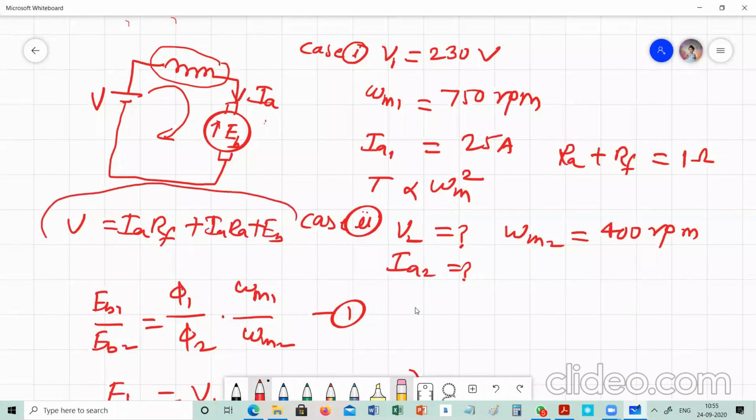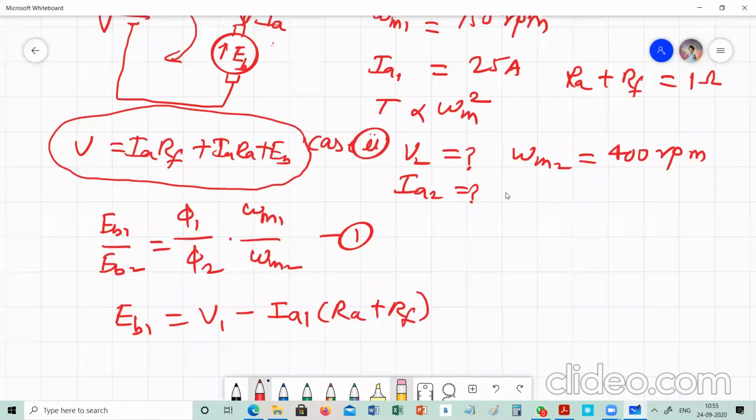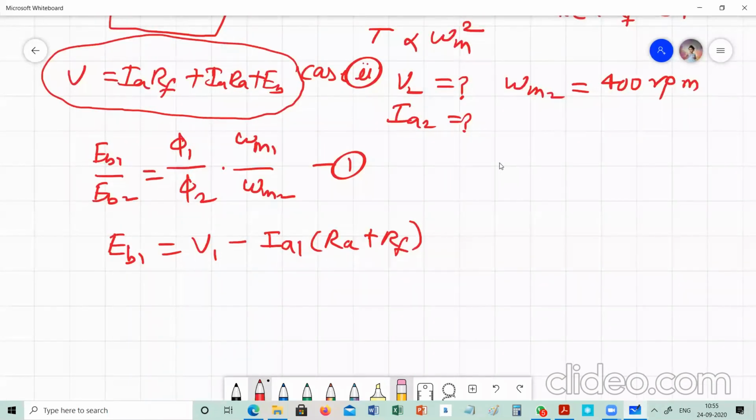This will be the equation of terminal voltage, so that equation I have used. So EB1 is equal to V1 minus IA1 into RA plus Rf, which is 230 volt minus 25 ampere in bracket 1, equal to 205 volt.